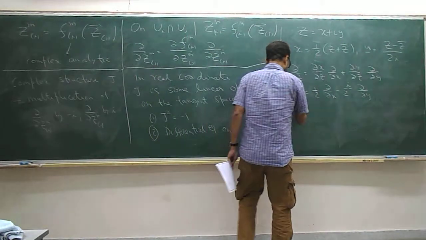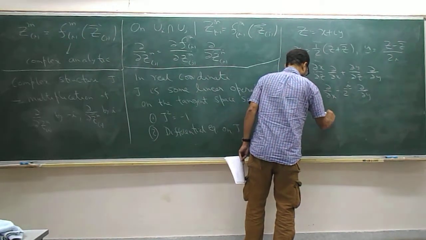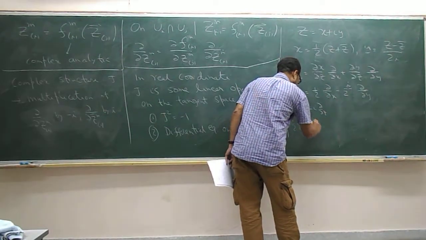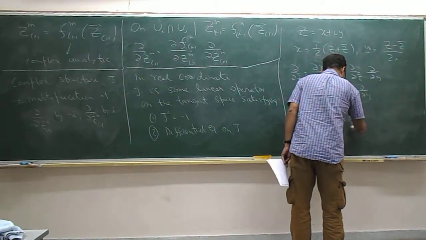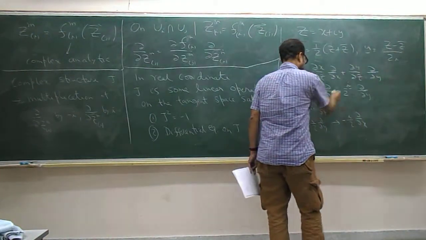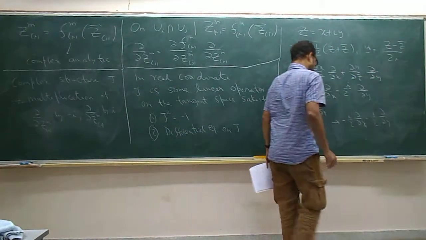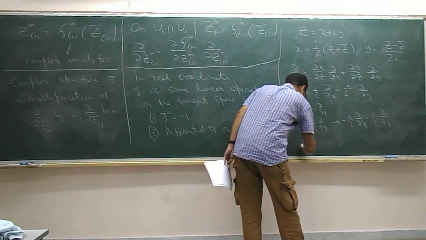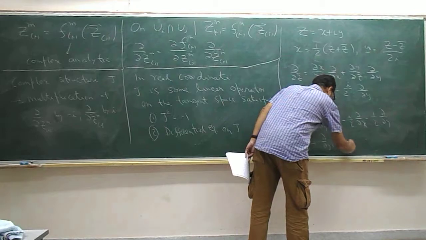Okay, so now del/del z going to minus i del/del z means that half del/del x minus i by 2 del/del y goes to minus i by 2 del/del x minus i minus half del/del y. So effectively del/del x goes to minus del/del y and del/del y goes to del/del x.